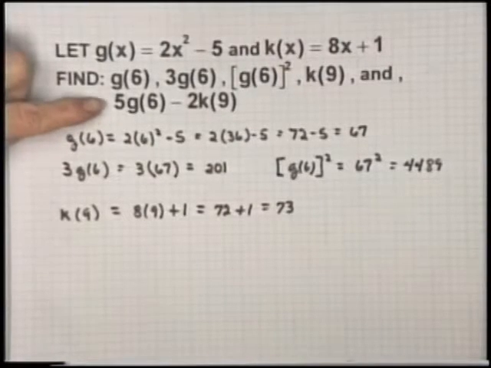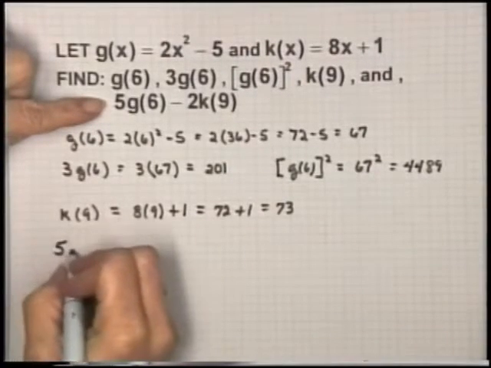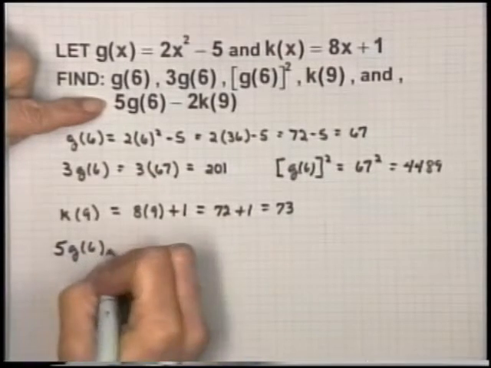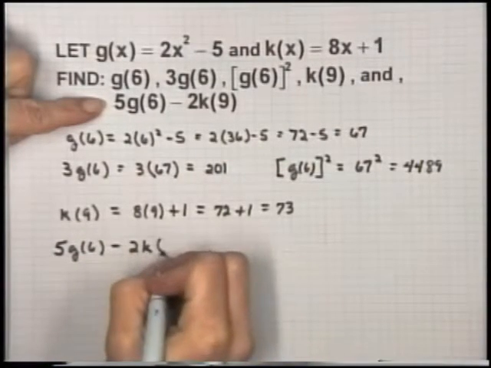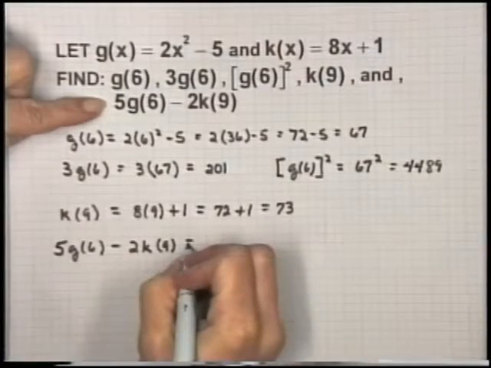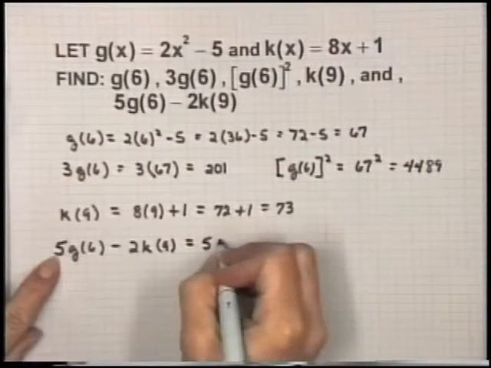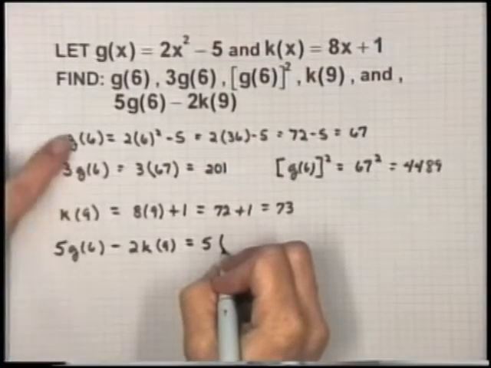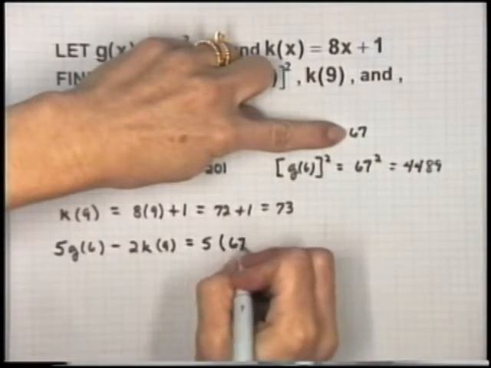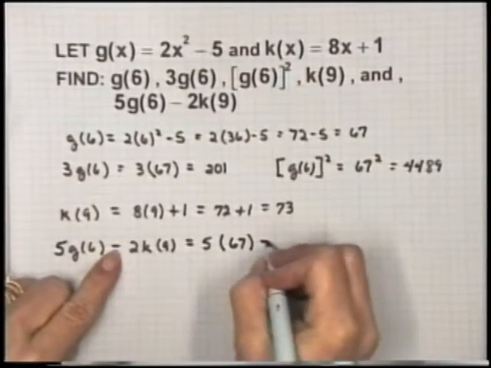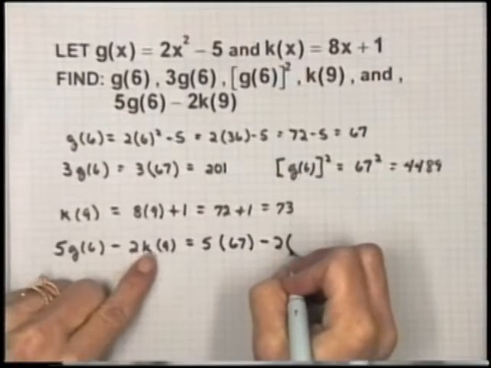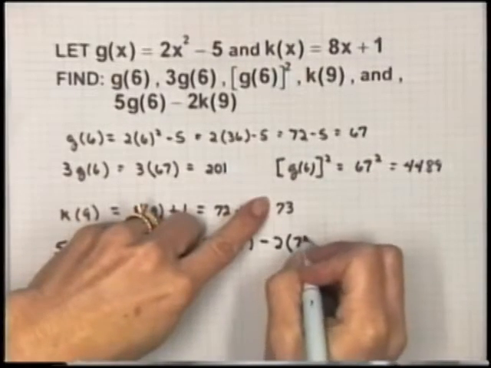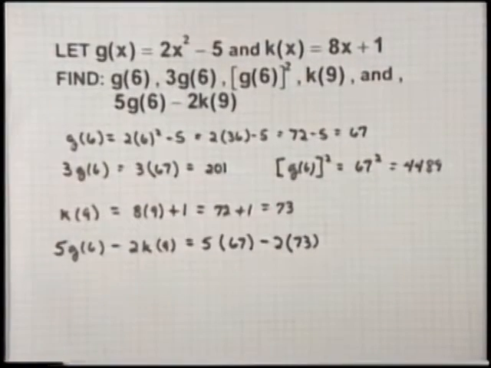Now, for our last part, 5 times G of 6 minus 2 times K of 9. 5 times, in place of G of 6, we can put 67, minus 2 times, in place of K of 9, we can put 73.